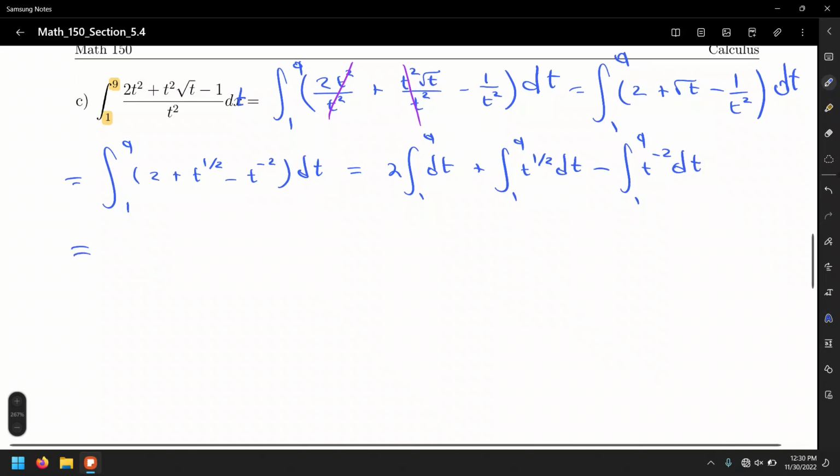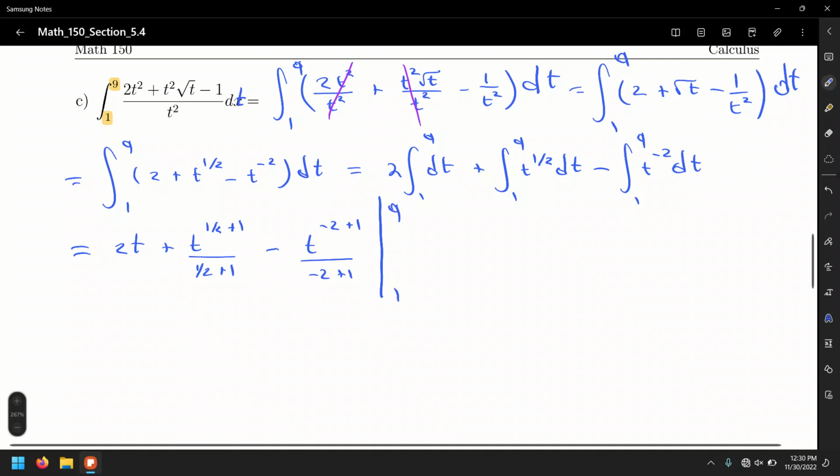All right, so that's 2 times t plus t to the 1/2 plus 1 over 1/2 plus 1 minus t to the negative 2 plus 1 over negative 2 plus 1. And in this case, we can just use one single bar to evaluate this from 1 to 9.